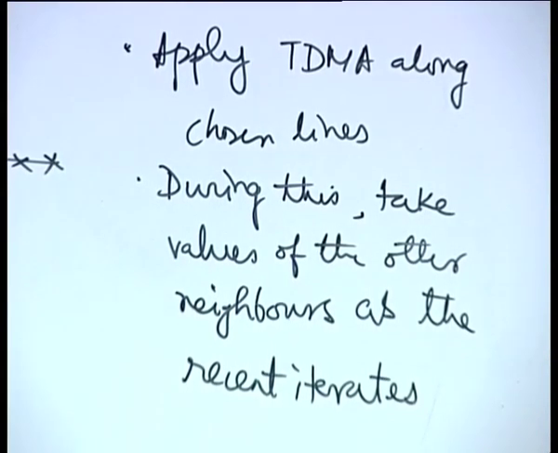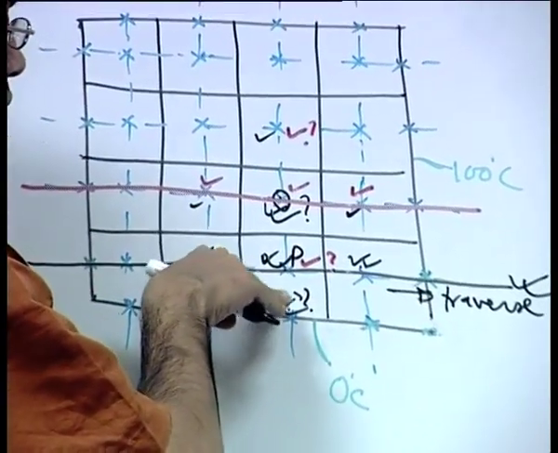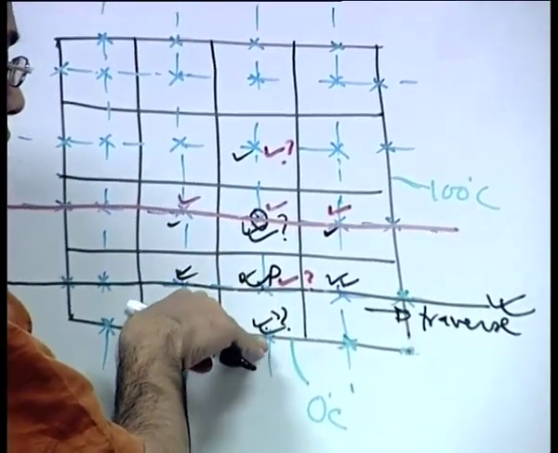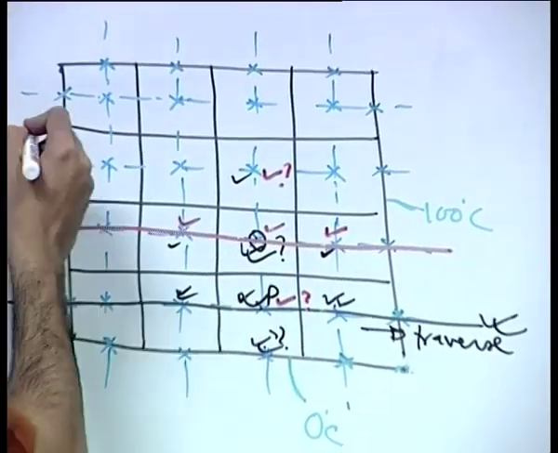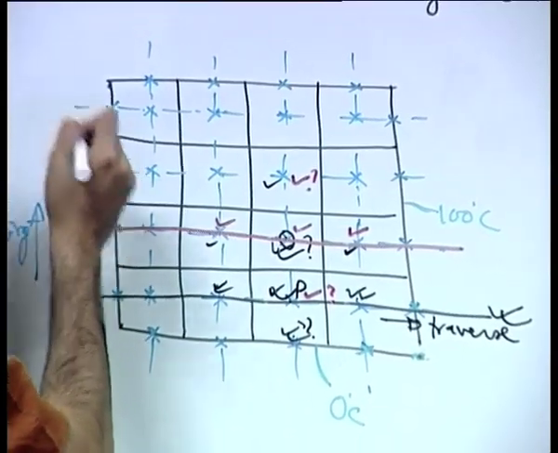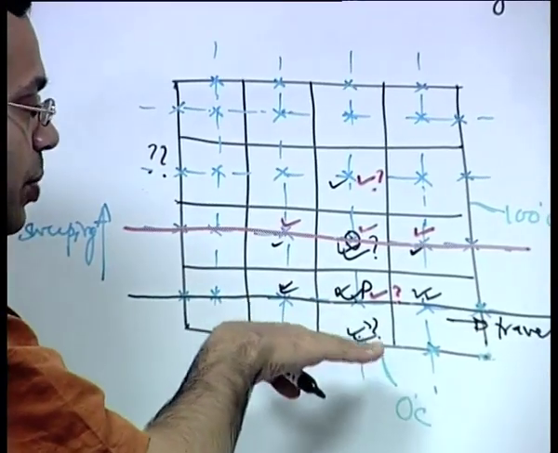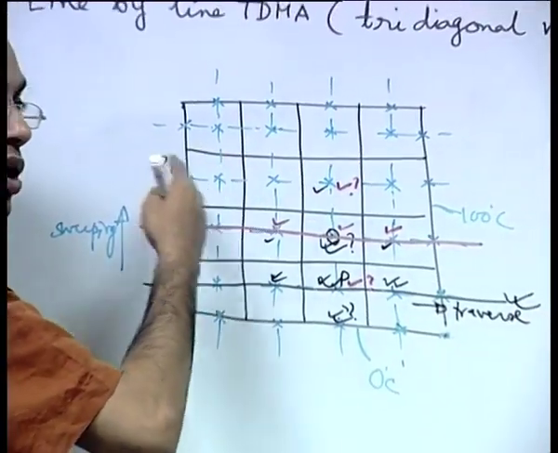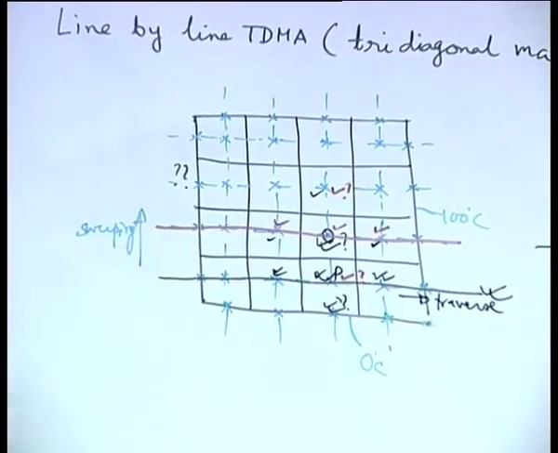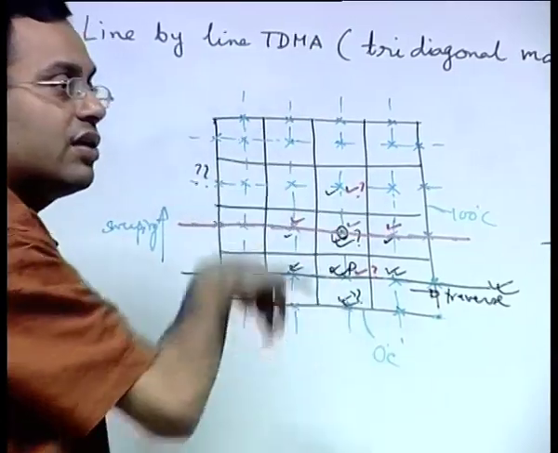So what you can see is that in this way the effect of the boundary condition is propagating from one boundary to inside the domain, but the left boundary also has some boundary condition, and in this way the boundary condition is propagating from bottom to top, but what happens from left to right or other directions? So what you can do is alternate these sweep and traverse directions.